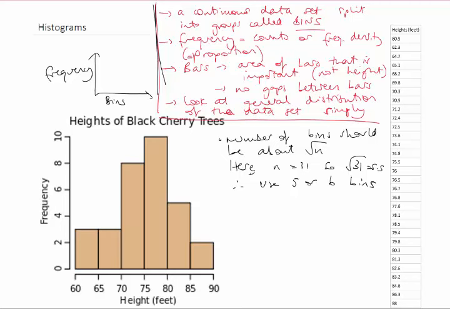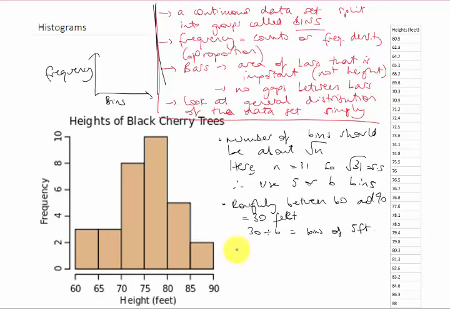So here we've got roughly between 60 and 90, so that's 30 feet difference. And then if we do 30 divided by 6, that gives us bins of 5 feet each, which sounds pretty sensible.